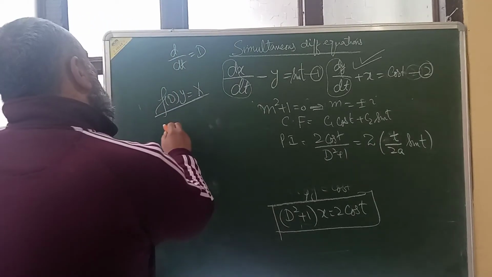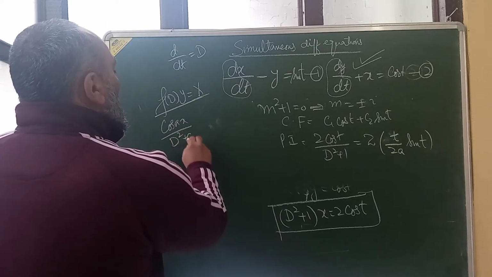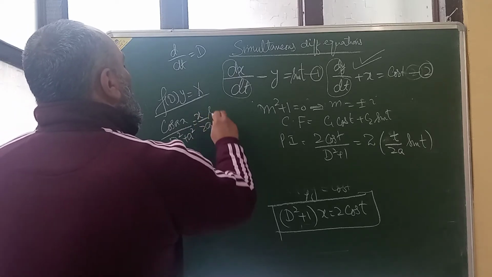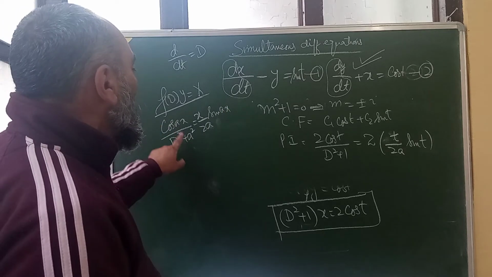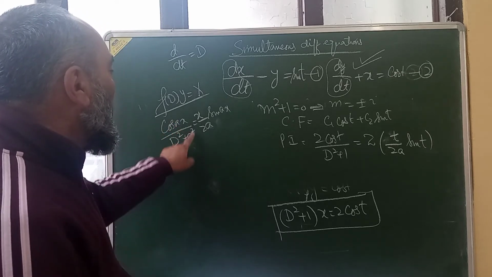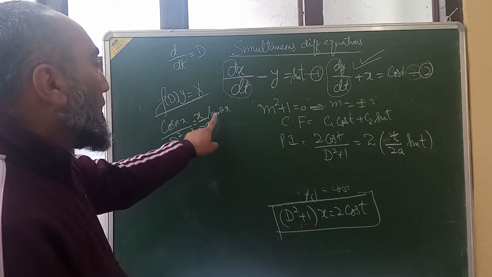You know, cos ax upon D square plus a square is x by 2a sin ax. Now instead of x you have t, so cos t upon D square plus 1 is t upon 2 into 1, because a is 1, sin t.